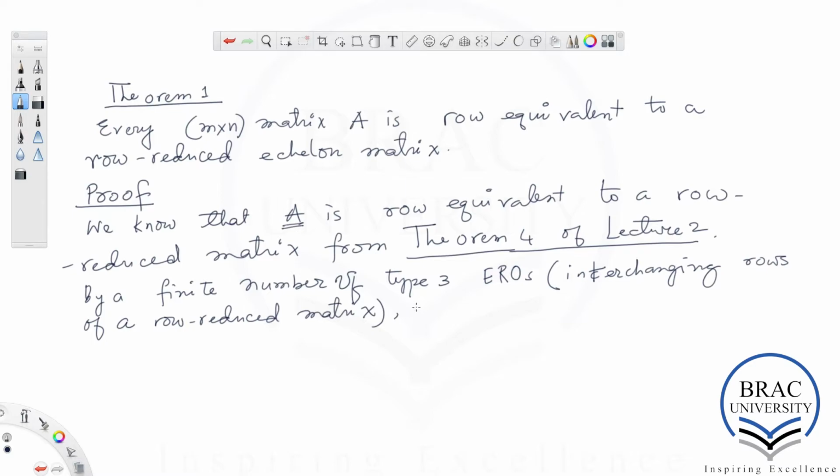One can bring all the 0 rows, if any. If there is no 0 row, we are all good. We are all set, right? We don't care about these operations. But if there is any, we can bring them all to the bottom of the matrix by a finite sequence of type 3 elementary row operations.